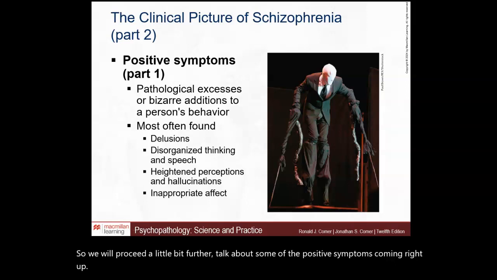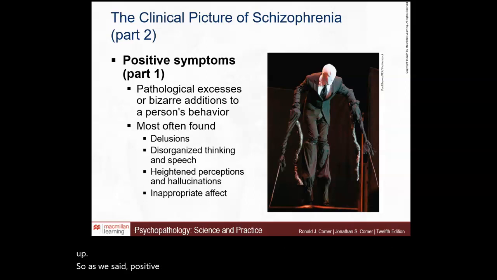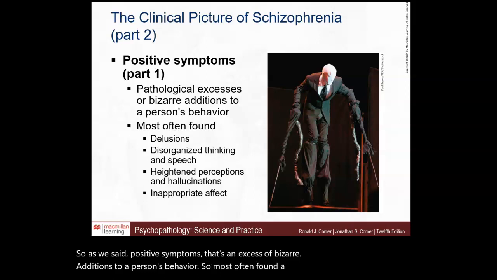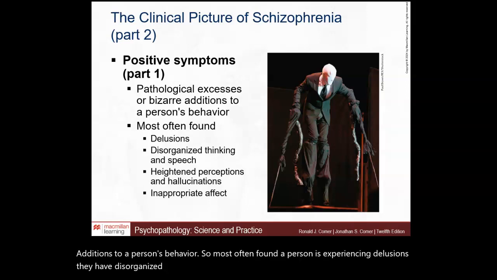So as we said, positive symptoms, that's an excess of bizarre additions to a person's behavior. So most often found, a person is experiencing delusions. They have disorganized thinking and speech patterns.